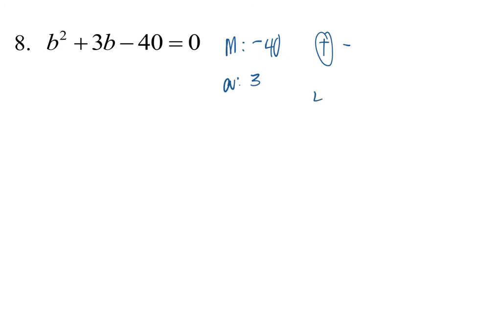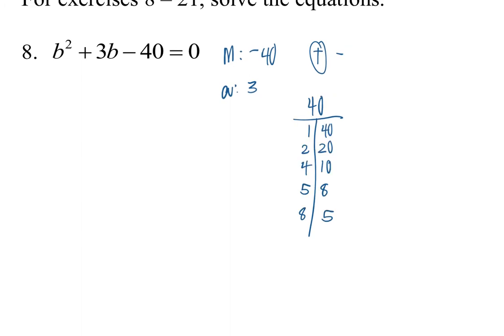So let's look at the factors of 40. I'll make my larger number positive and the smaller number negative, and see if any of these add to give me a positive 3. And these two options right here do.